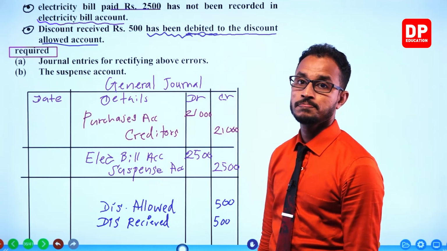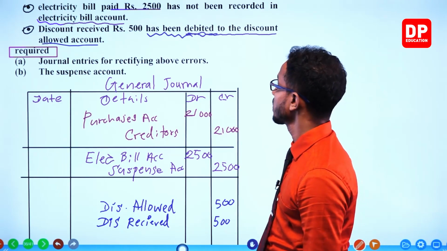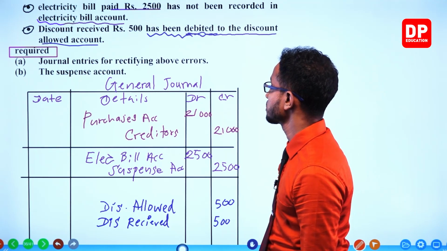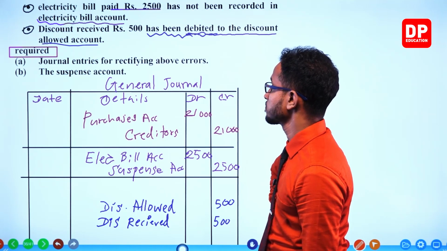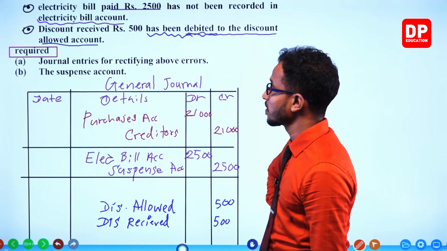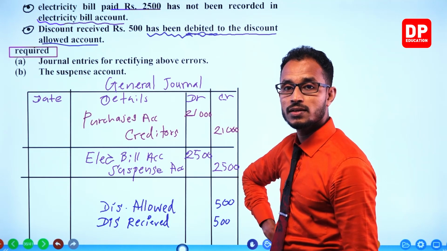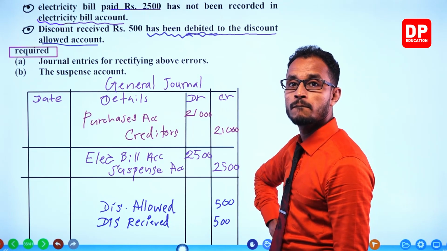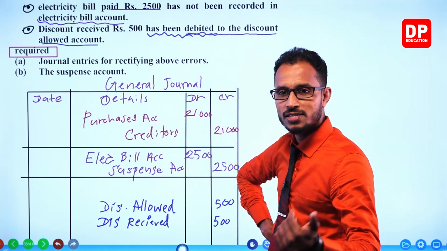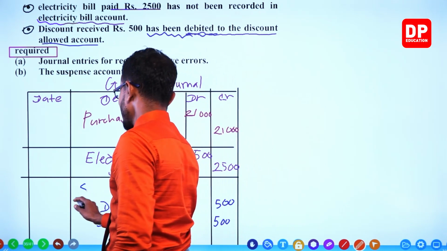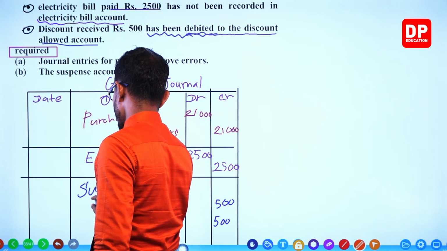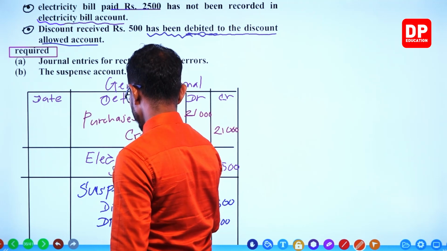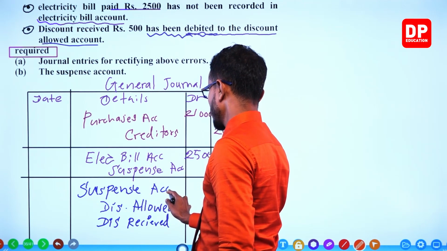Now what? Suspense account is debited. Now the debit entry is left.